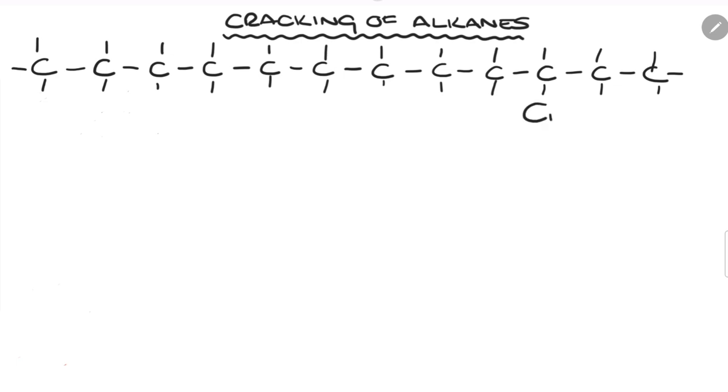This will be a C12H26 molecule. It's not going to ignite particularly well because it requires a lot of oxygen. And so what we have to do is a cracking process.